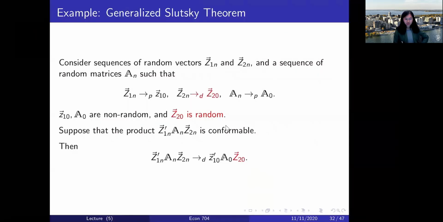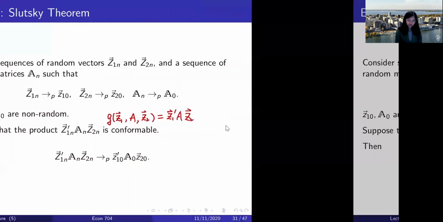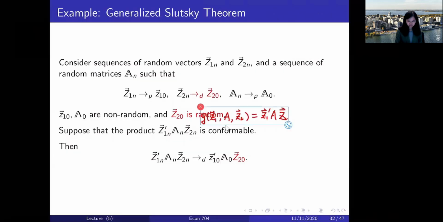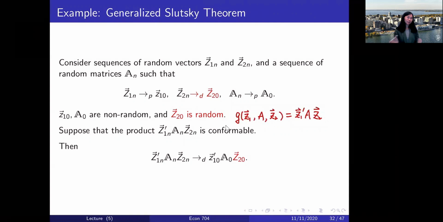Now, suppose instead that Z2n doesn't converge in probability, but converges in distribution to a random vector, not a non-random vector. Now, the G function is the same as before. It's still a continuous function.